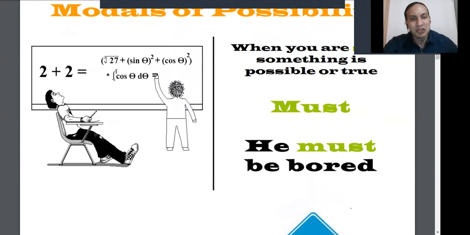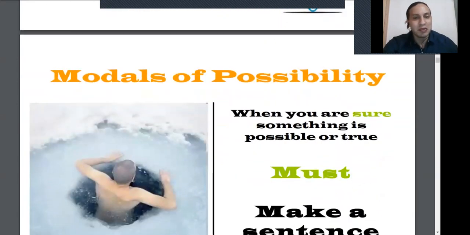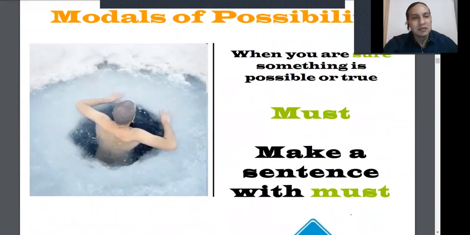Can't say for sure, but you could definitely say he's bored. Make a sentence with must for this situation. Try to think of one. Maybe pause the video, and I'll move on to the next slide where they will be answering it.